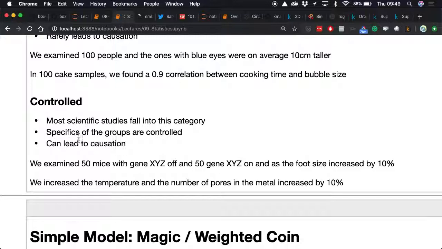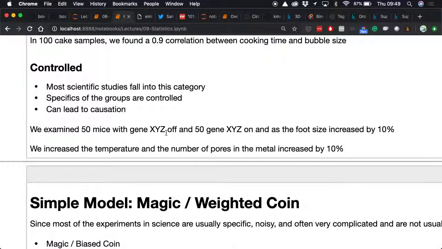When you're actually taking the groups, you're controlling what they do, what happens to them, how you separate them, how you define them. You're in a much better position to isolate all of the other possible factors and try to show that there's actually a difference between these two groups.